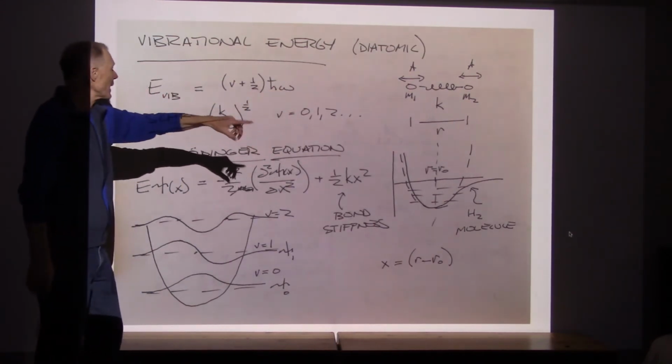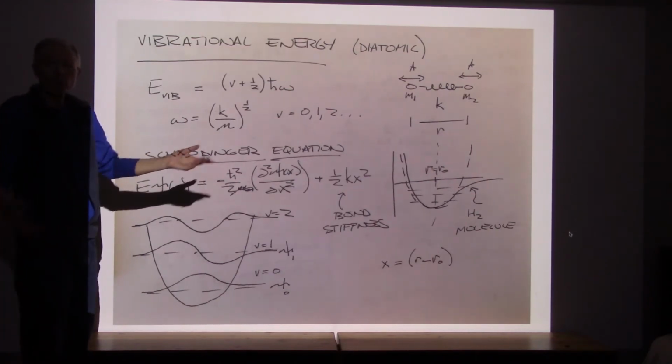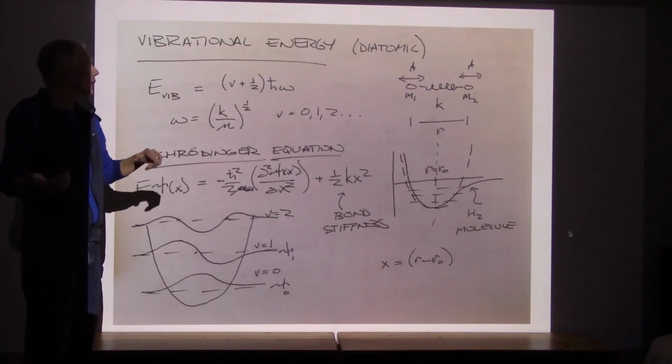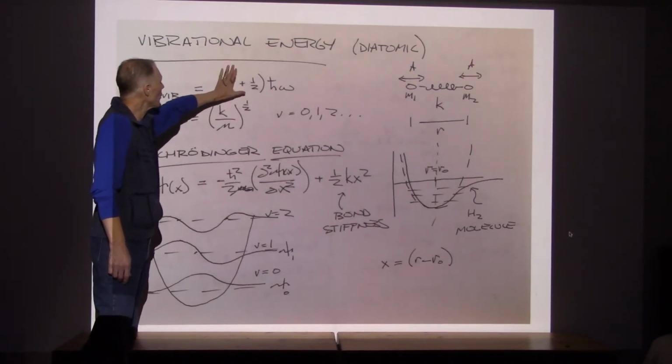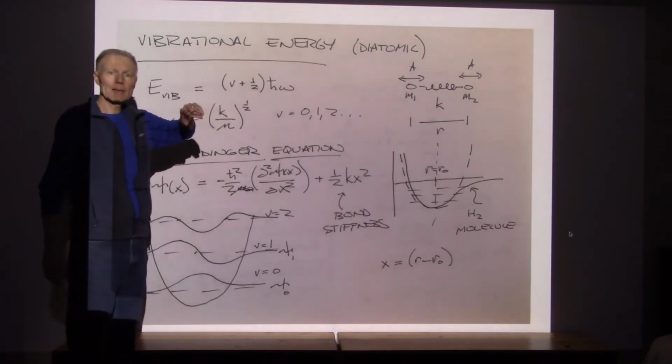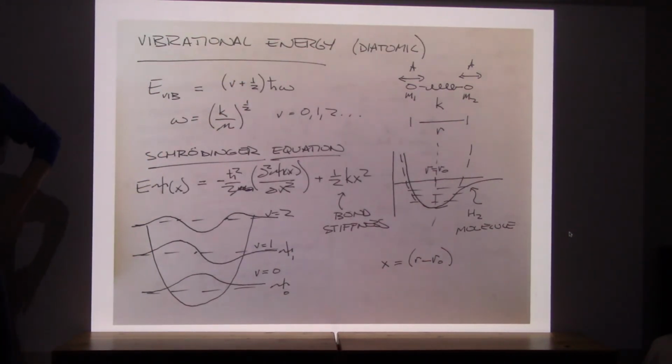The slides here have it as h times the cycles frequency. Same thing. I'm just working in terms of radians. They're working in terms of cycles. But notice when v is equal to 0, there's still leftover energy of vibration in that molecule. So that's kind of interesting. It's saying there's a 0-point energy.